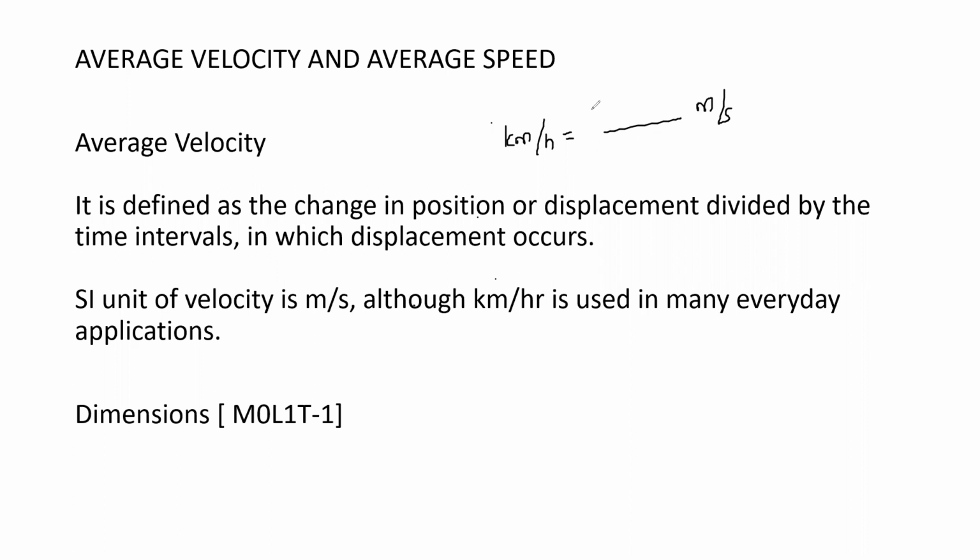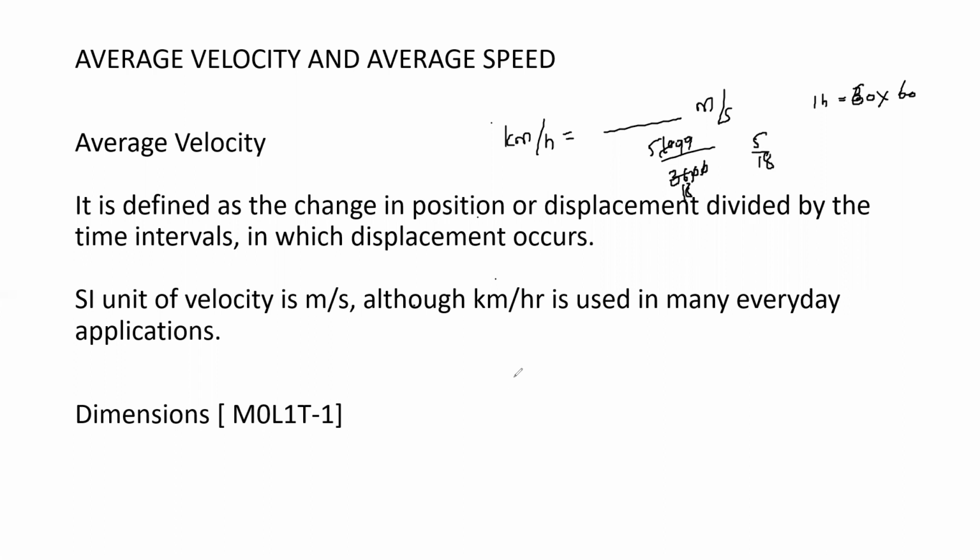See, kilometer to meter: 1000 meters, divided by, in 1 hour, how many seconds are there? It is 60 into 60, which is nothing but 3600. So I can cancel this. Then here it is 5, here it is 18. That is nothing but 5 divided by 18.